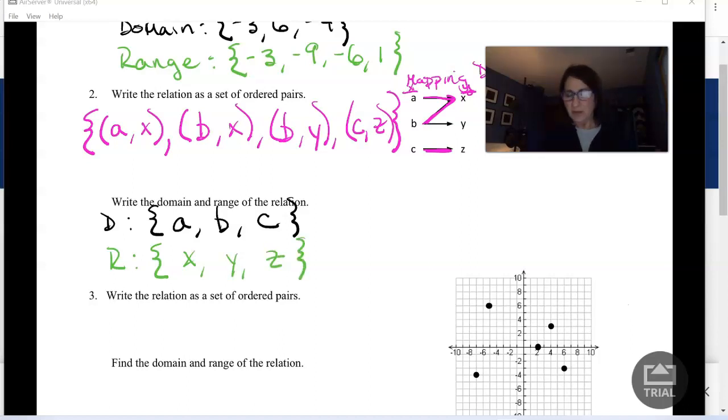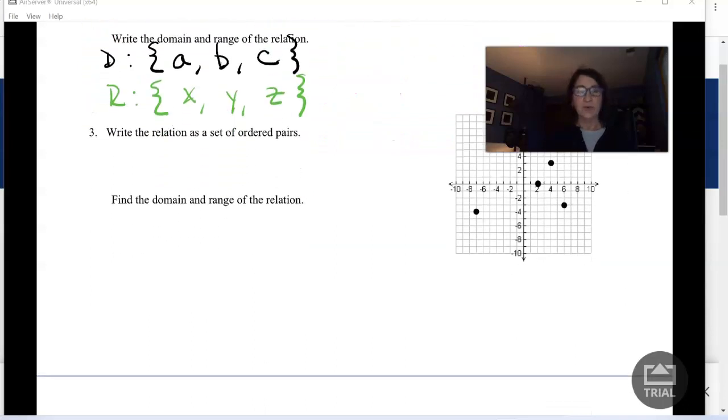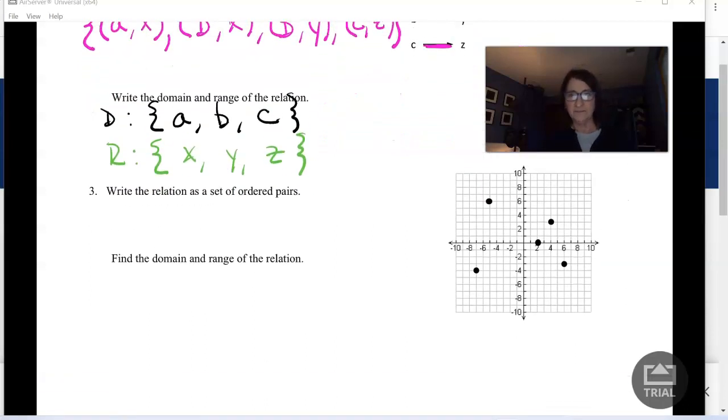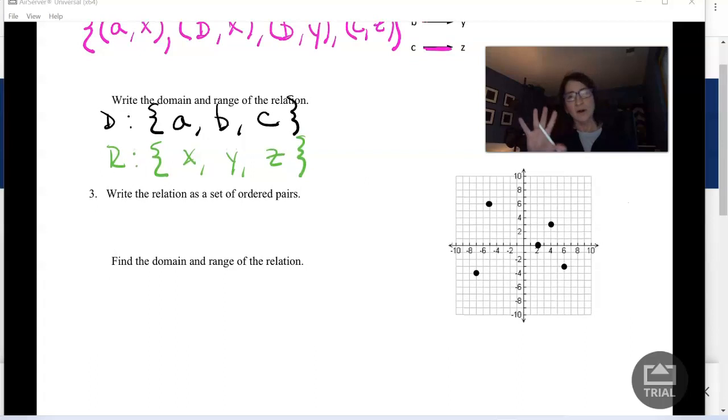All right. So now let's look at writing the relation. We're going to look at this coordinate plane, and we're going to look at the relation as a set of ordered pairs for those 5 points that are plotted on this coordinate plane.